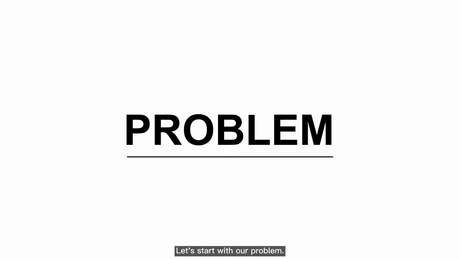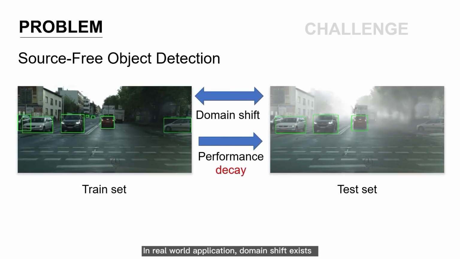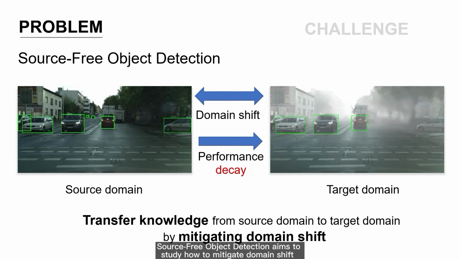Let's start with our problem, Source-Free Object Detection. In real-world applications, domain shift exists between the train set and the test set, resulting in a performance decay. Source-Free Object Detection aims to study how to mitigate domain shift in order to transfer knowledge from the source domain to the target domain.